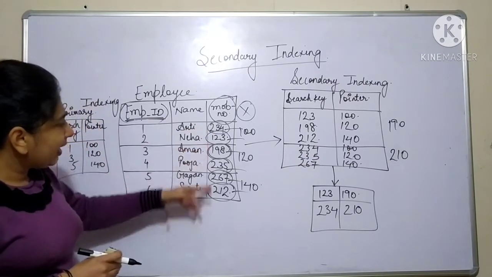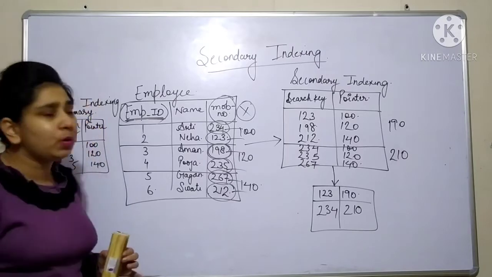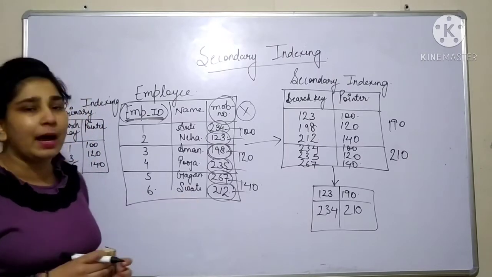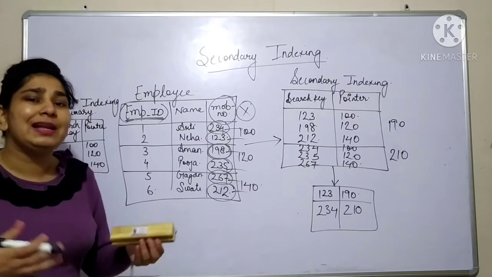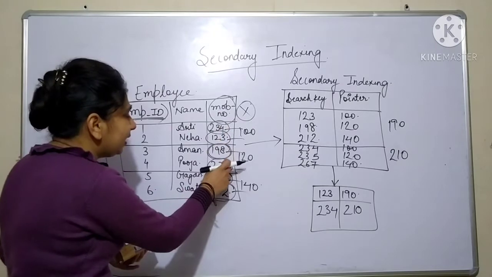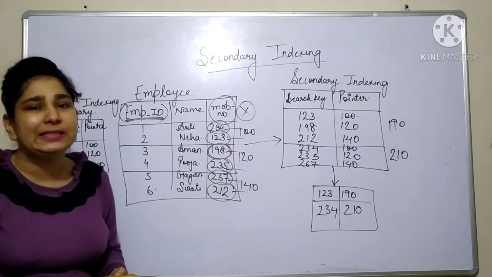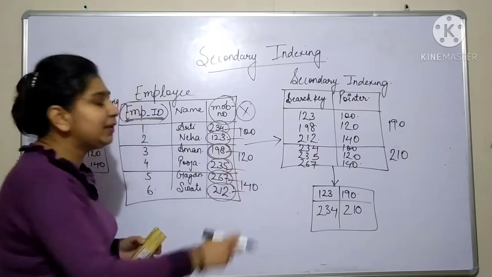We have different mobile numbers. We have 6 mobile numbers in this example. Normally our mobile number length is 10, but I am just taking 3 here for simplicity. So we have a total of 6 mobile numbers.